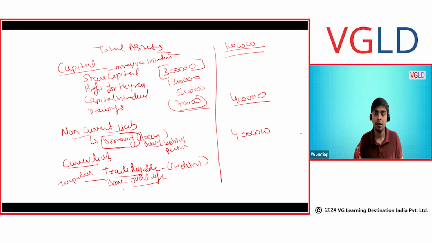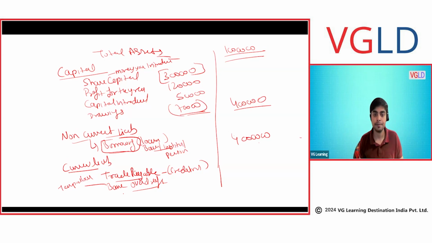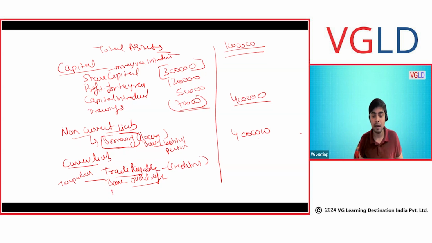And what else? You can have accrual expenses. Like we had prepaid, we have accrual or outstanding payable. Let's say we have money received in advance, or we have yet to pay an outstanding bill of electricity.